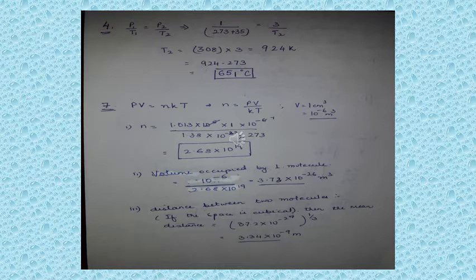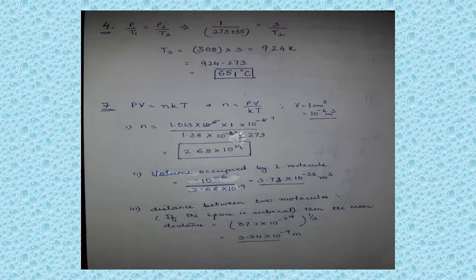Using the relation PV is equal to NKT, where K is the Boltzmann constant, we can calculate the number of molecules as PV upon KT. Substituting the values, we get the number of molecules as 2.68 into 10 to the power 19.